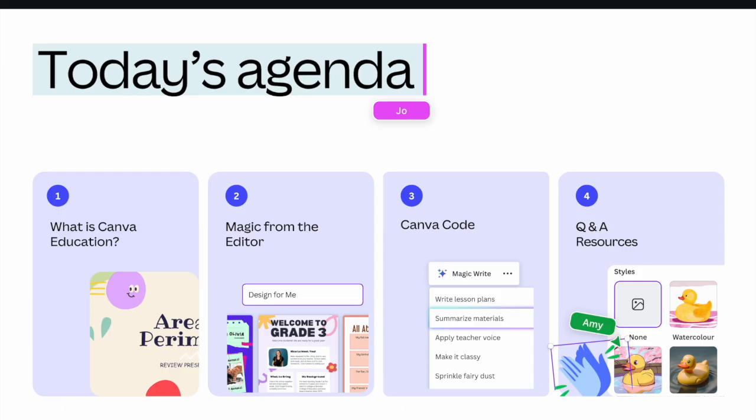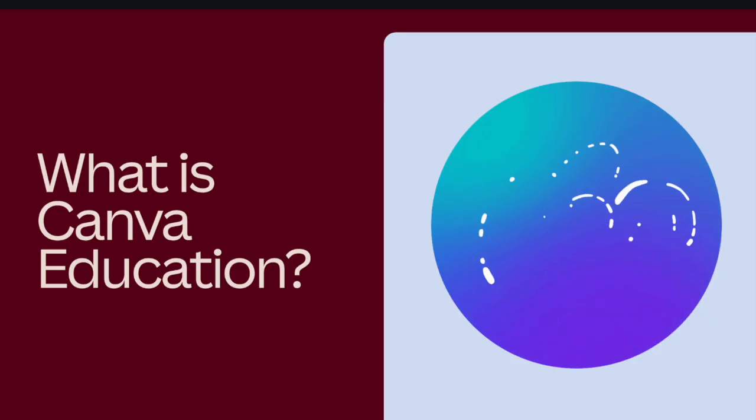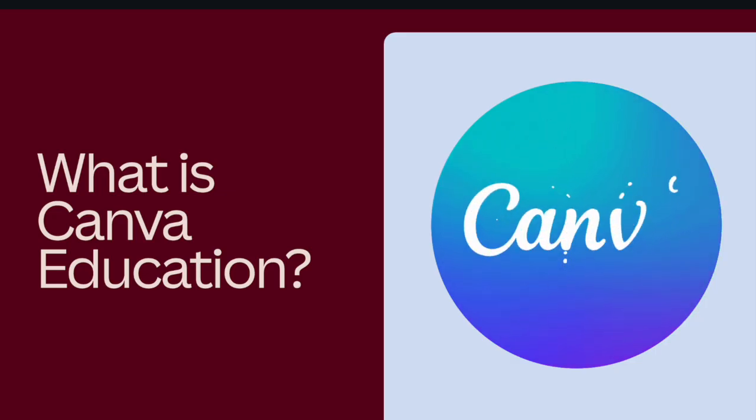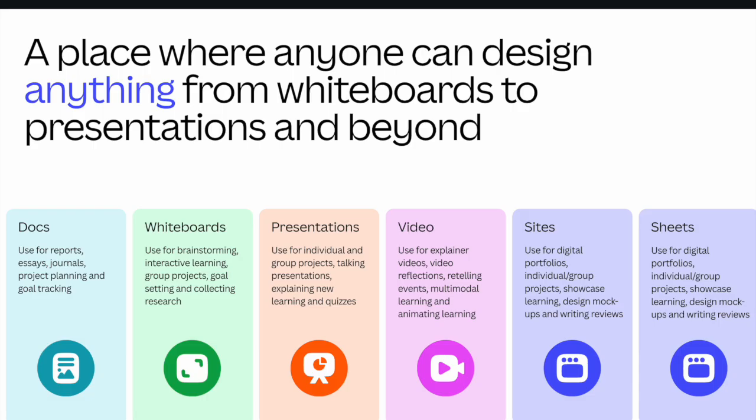So let's get started. So Canva Education, what is Canva Education? So Canva Education is an area that education facilities and systems have access to all of the Canva tools that you'll find in Canva and Canva Pro. So you have extra access than the Canva free version as an educator and as an education system.